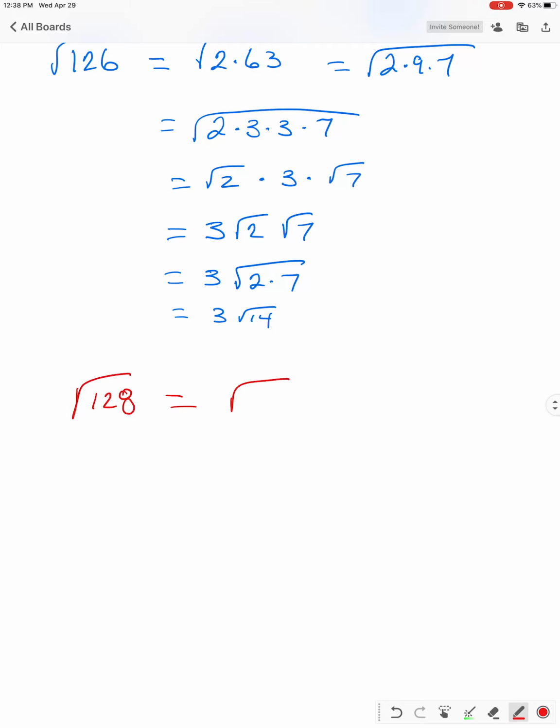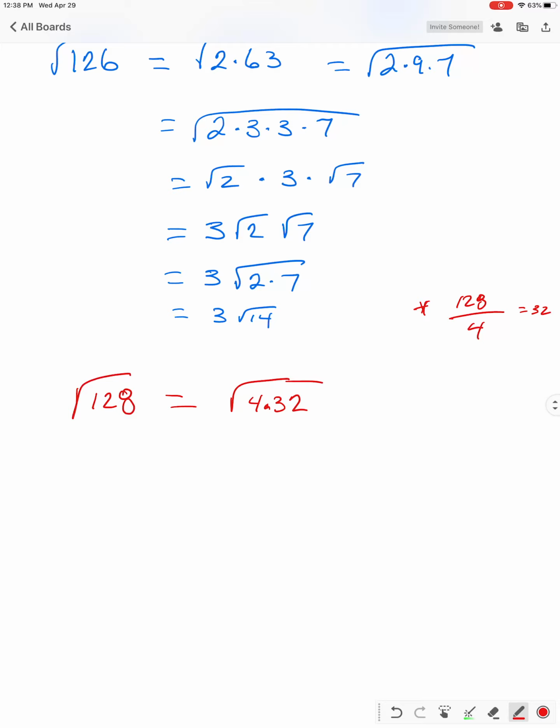So that's the first thing I'm going to do, is write 4 times 32. So the reason I chose 4 is because I know that the square root of 4 is 2. So I just divided 128 by 4 first. So let me make a little note over here. I took 128, divided it by 4. That's equal to 32. And I did that so I could start thinking about how I can break it up.